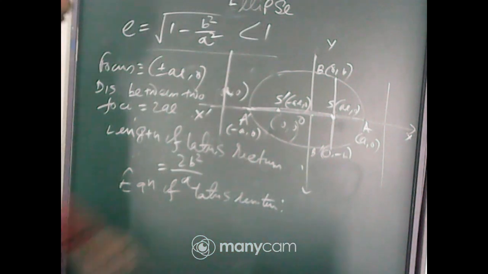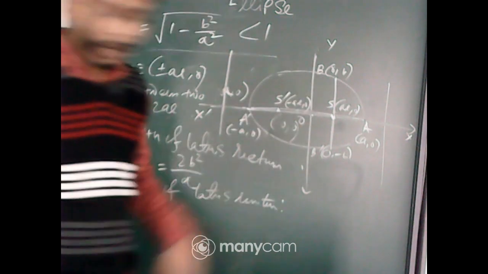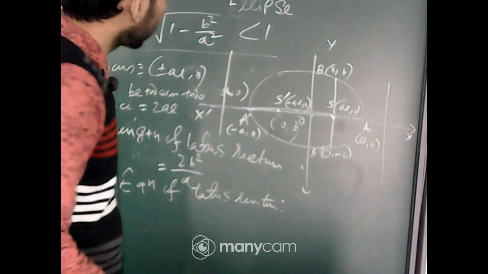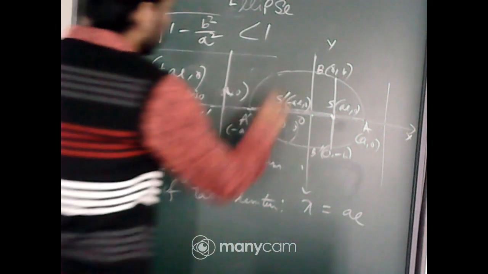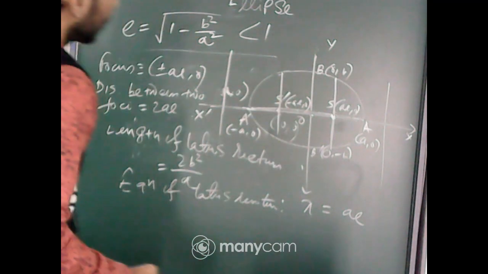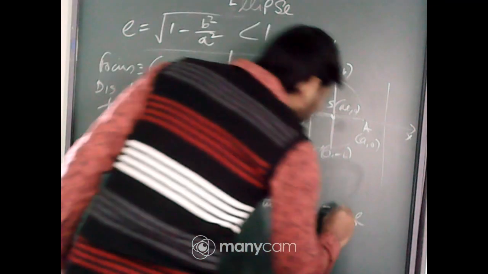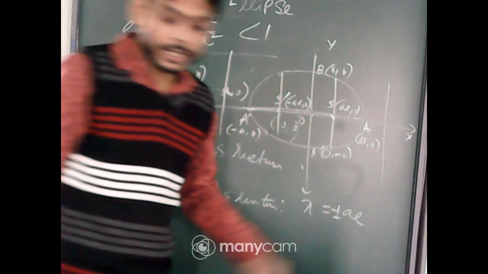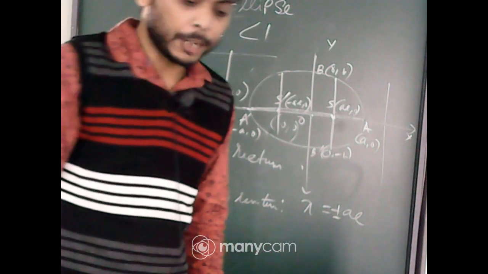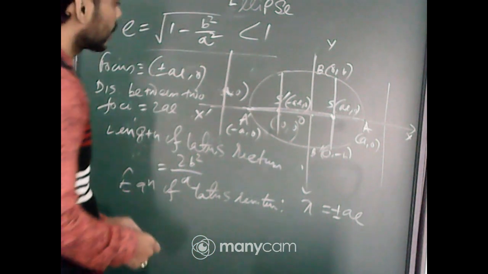Okay, now equation of latus rectum. It is the line parallel to y axis. So whenever it passes through the S, it will be x equals to AE. Whenever it passes through the S dash, it will be x equals to minus AE. So x equals to plus minus AE. I am repeating it once.